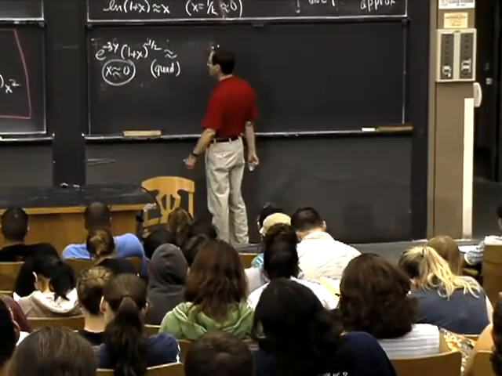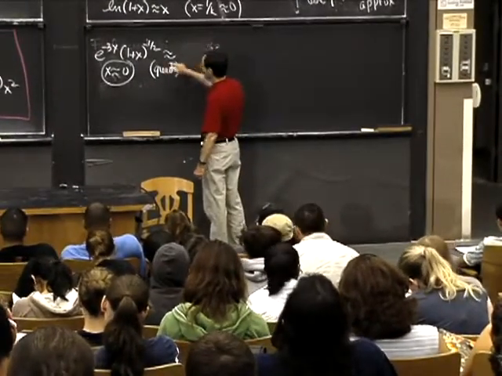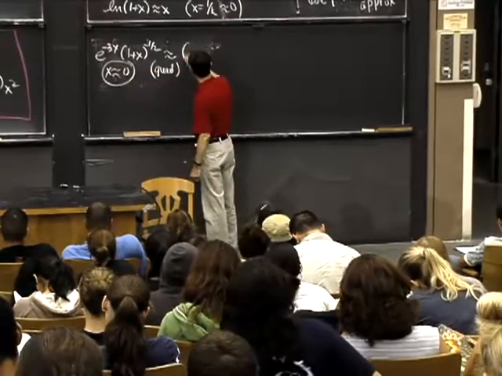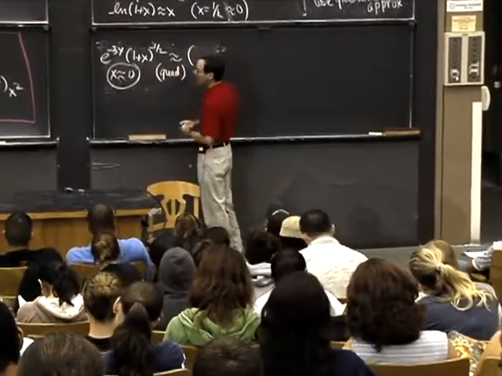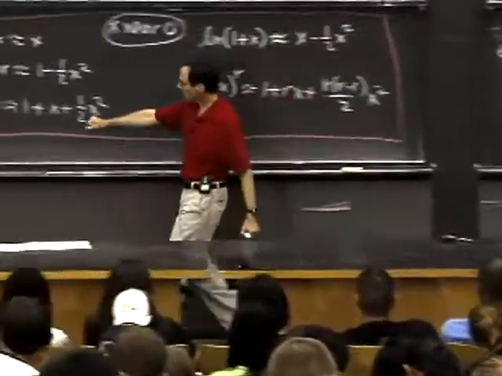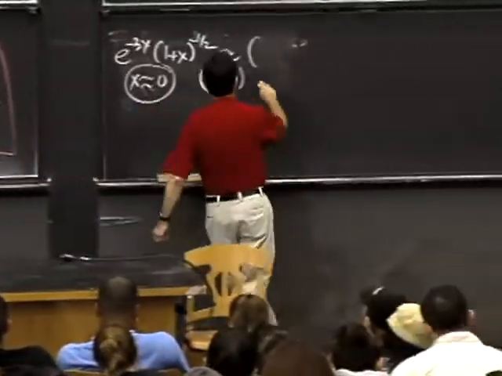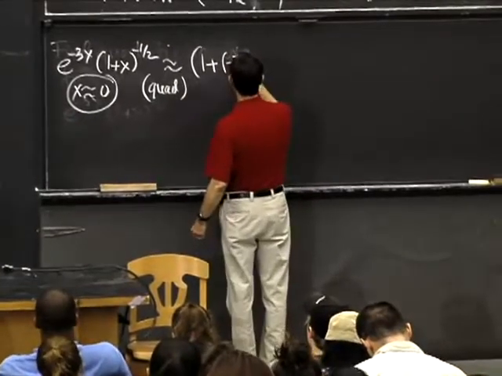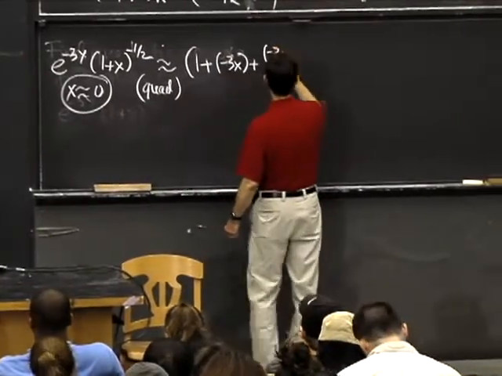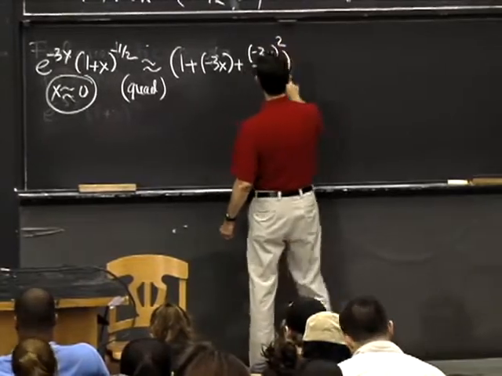So now, here's what I have to do. I have to write in the quadratic approximation for e^(-3x), and I'm going to use this formula right here. So that's 1 plus (-3x) plus (-3x) quantity squared over 2.